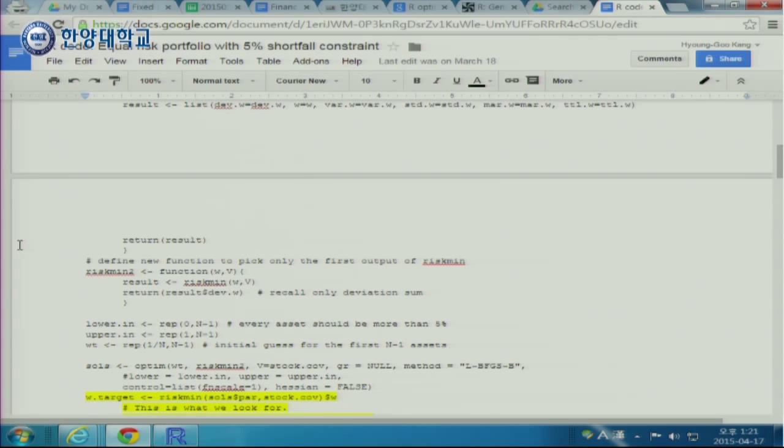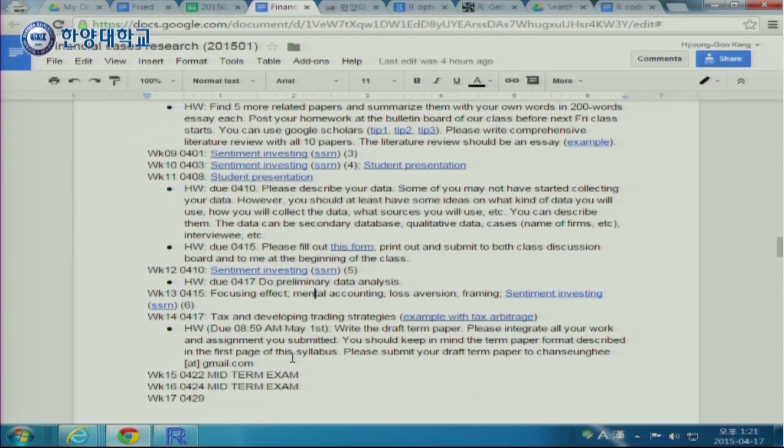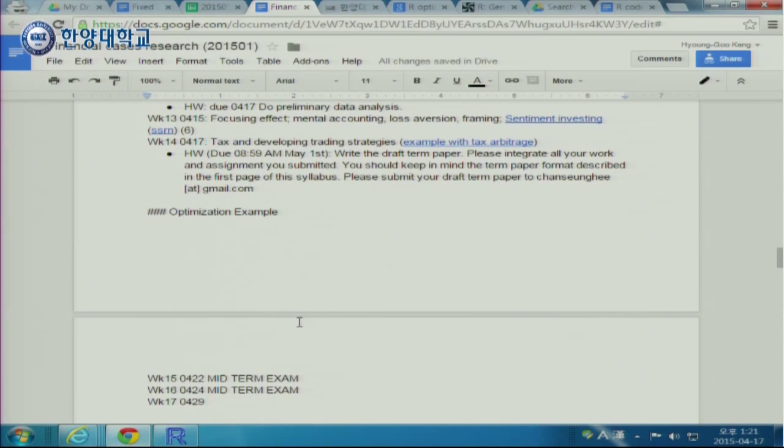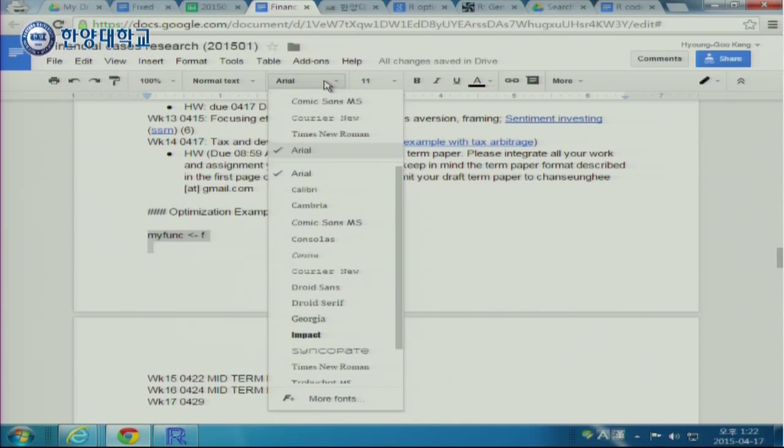So let me imagine a very simple function. Let me write down an example here. Optimization example. Suppose you have a function like my function. It is any function, and it looks like this.